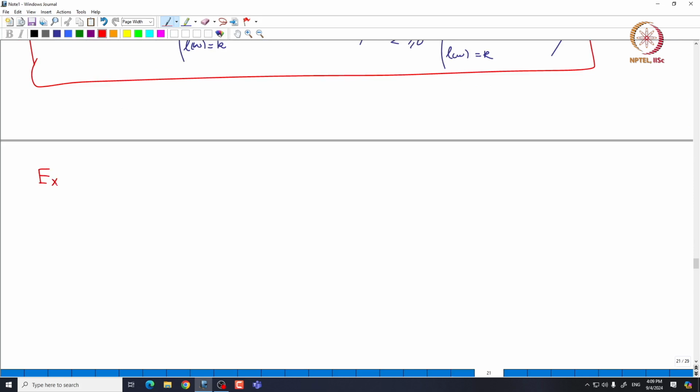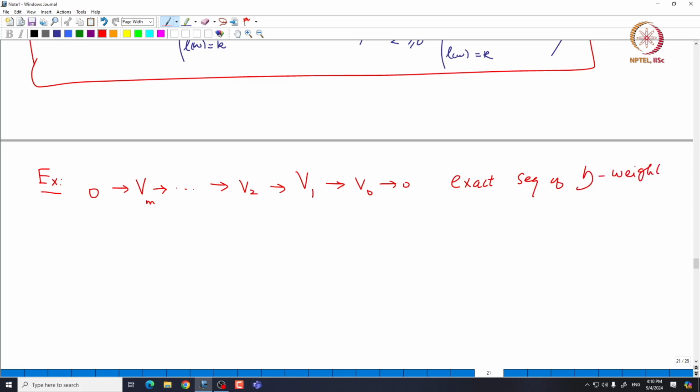Maybe I will state the exercise and then stop. If you have a sequence of G modules, let us say V0, V1, V2 and so on up to Vm, and let us say this is an exact sequence of G modules, even H modules are enough. So this is a long exact sequence of H weight modules.